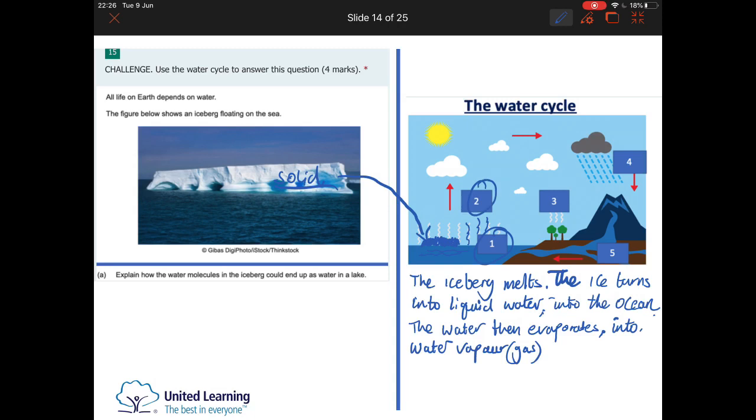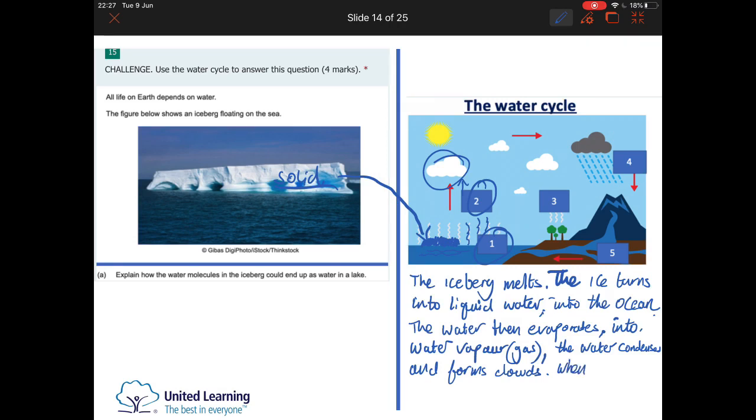And then at number two, what happens at number two again? It condenses. The water condenses and forms clouds. Okay, so it turns into clouds right over here.